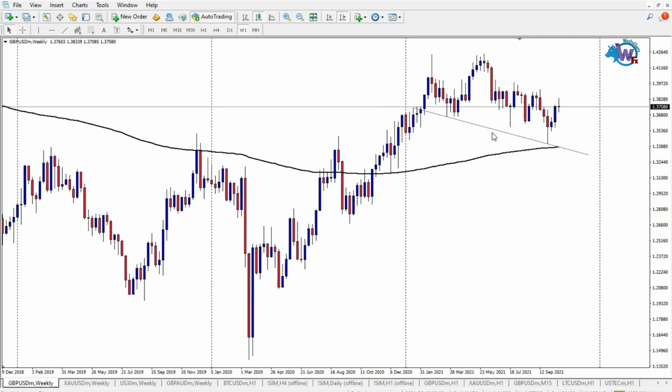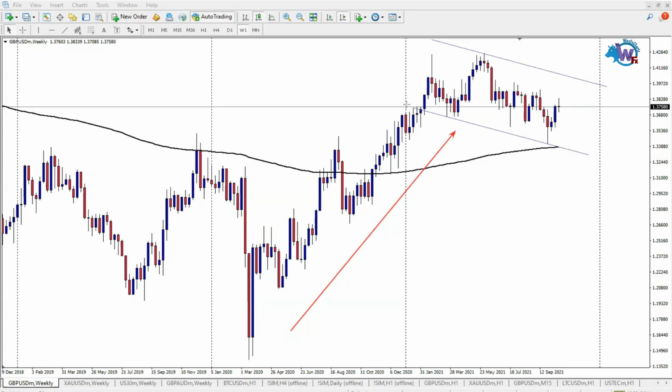All right, on the pound dollar, it kind of looks like we are in a bullish trend, but we are in that corrective phase where price has to go to gather more liquidity to push higher, because looking at the overall trend, you can see that price has been trending to the upside, pushing higher.